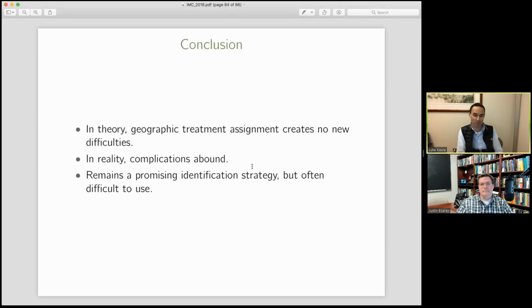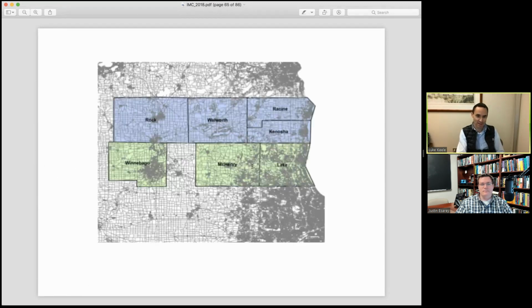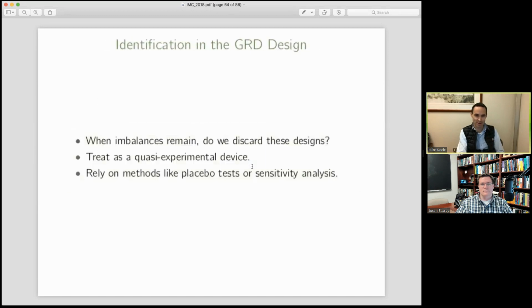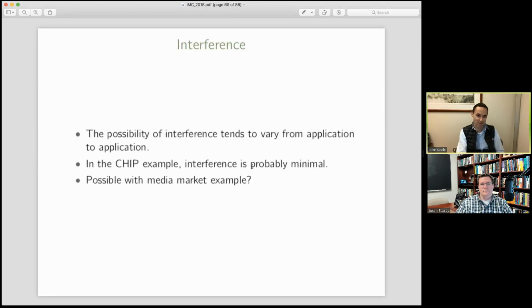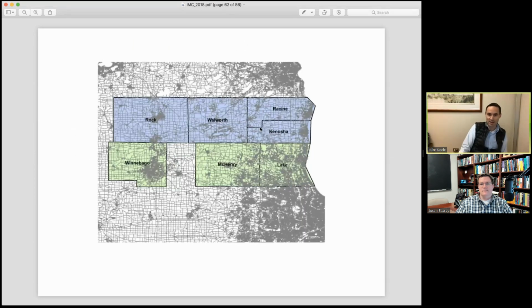I would say this depends on the data, but when I talked about extra local effects, that is essentially worse. Here you've got external validity issues this way, but you may also get them this way because there's just not much data here.